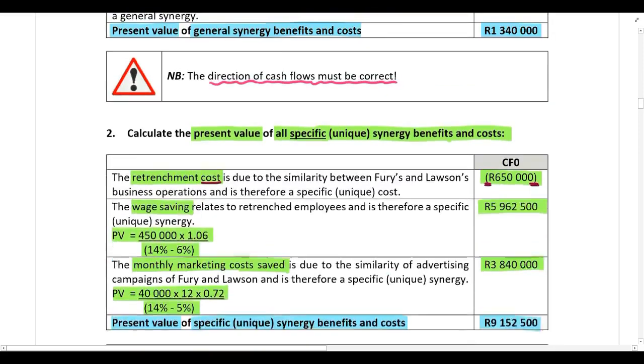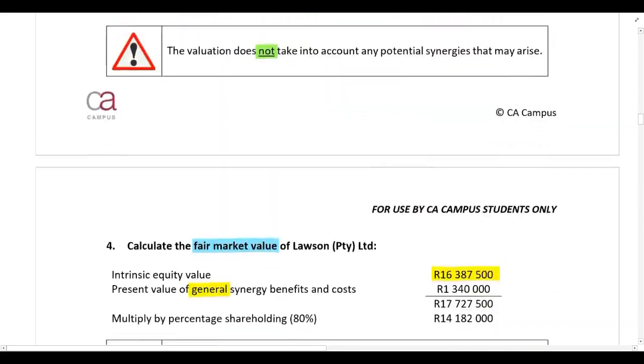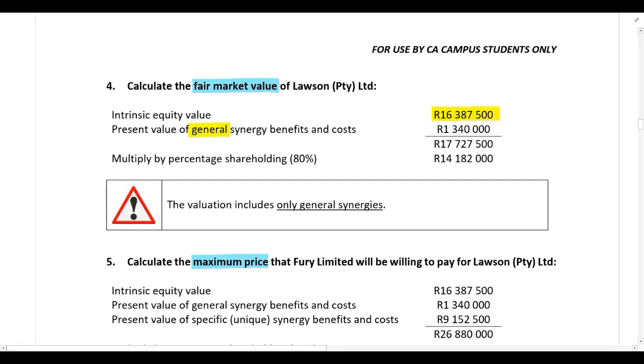So we did already perform that calculation. That's the first calculation we performed. There's the present value of our general synergy benefits and costs. So add that to the valuation performed by the management accountant. And then take that answer and multiply it by the percentage shareholding. So multiply that by 80%.